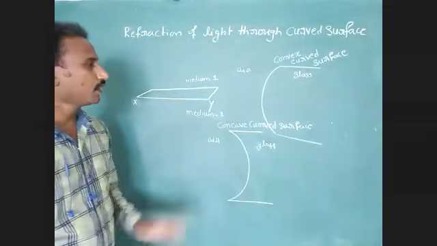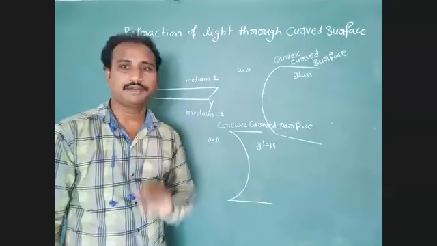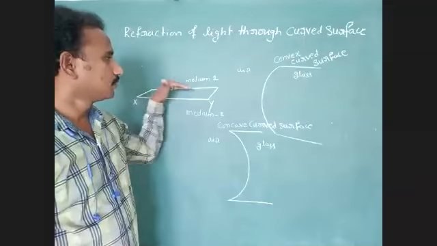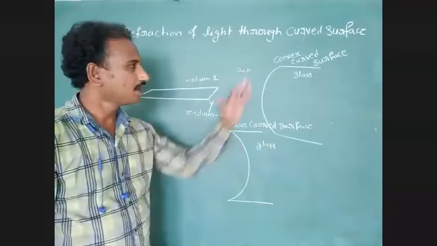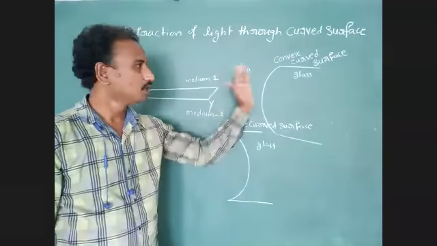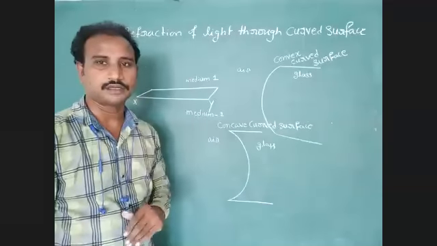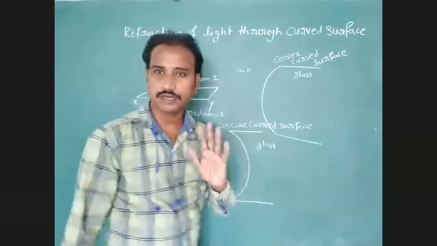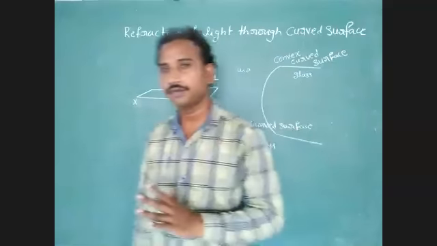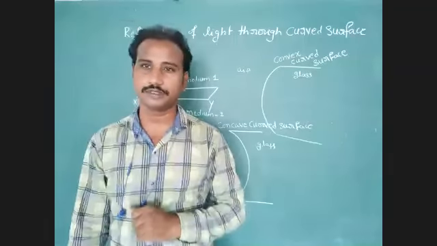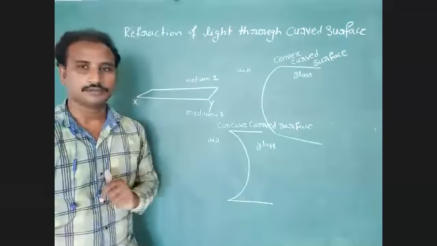So we have to consider three refracting surfaces: the plane refracting surface, the convex refracting surface, and the concave refracting surface. What is the use of a refracting surface? A refracting surface separates the two mediums.